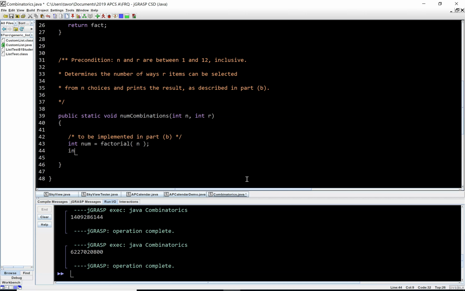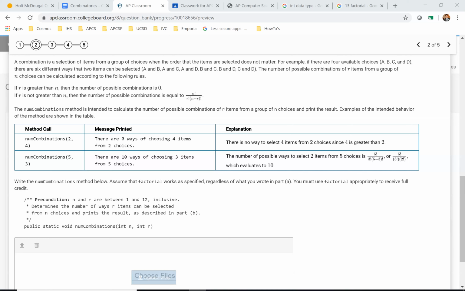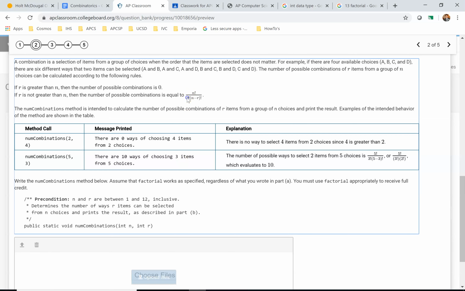Good. And I'm going to say int denom1. This stands for denominator 1. I'm looking at this right here because there's 2 parts to this denominator. That's r factorial.